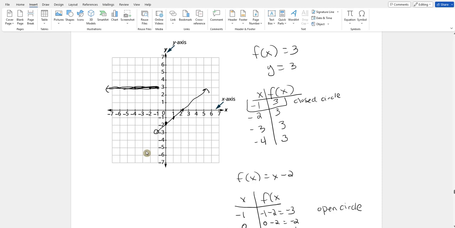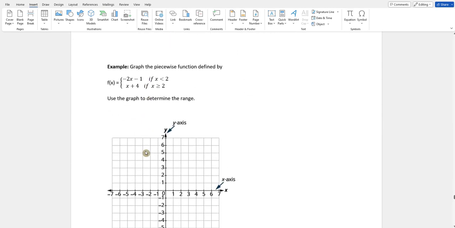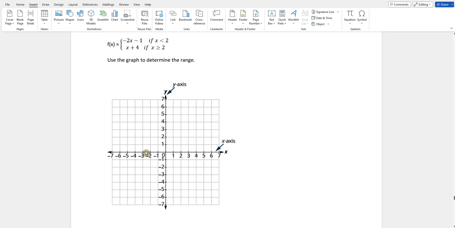The next one we have, f of x is equal to -2x minus 1 when x is less than 2. And we have f of x is equal to x plus 4 when x is greater than or equal to 2. So let's go ahead and calculate f of x equal to negative 2x minus 1.